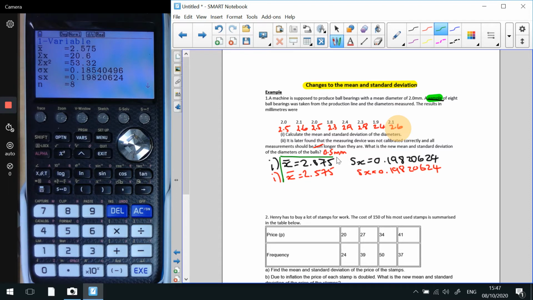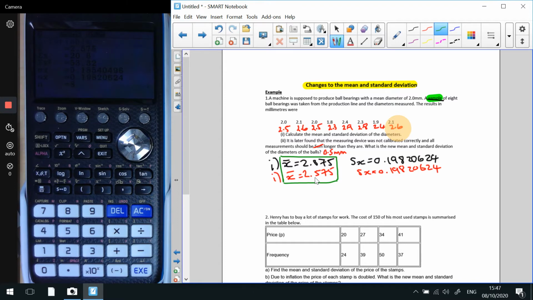So I'm just going to have a look and see if I can come up with some general rules that might be true. If I have a look at my two means here, when I added 0.5 to each value, my mean has increased, but not only has it increased, it has increased by 0.5.